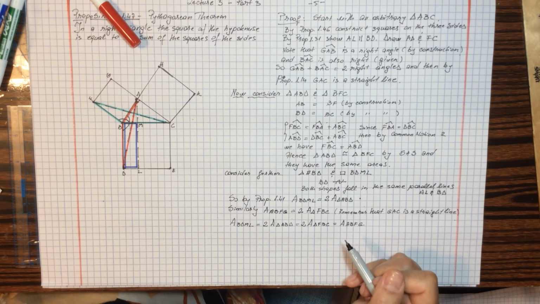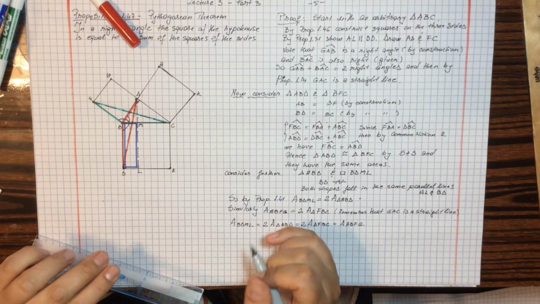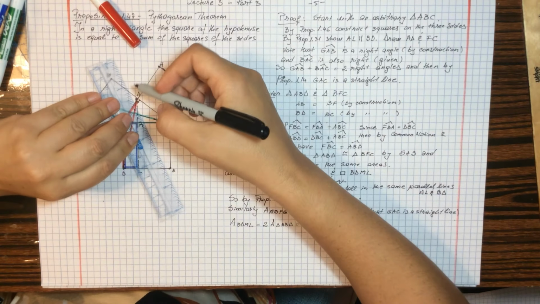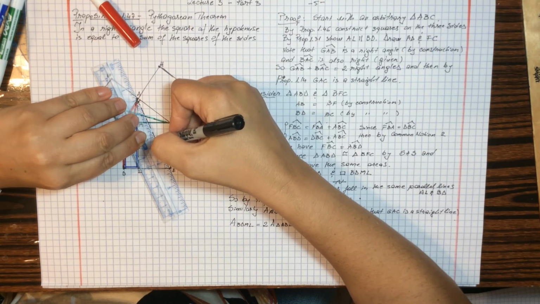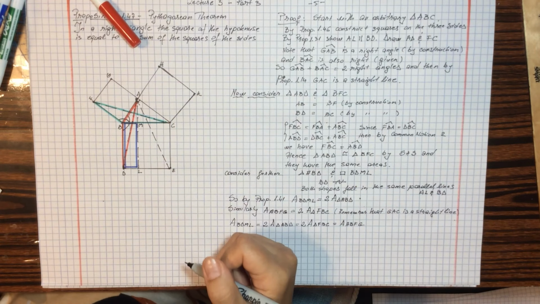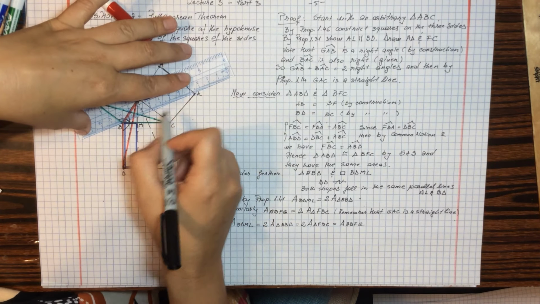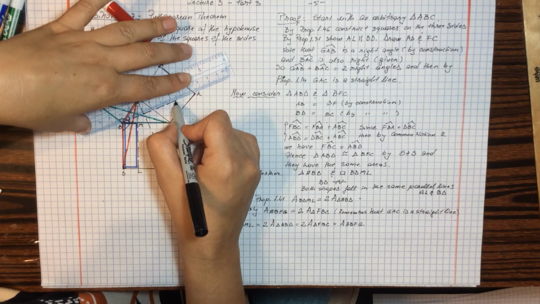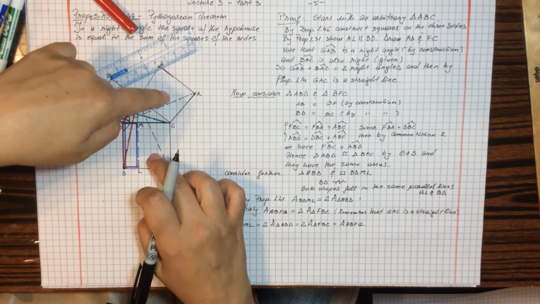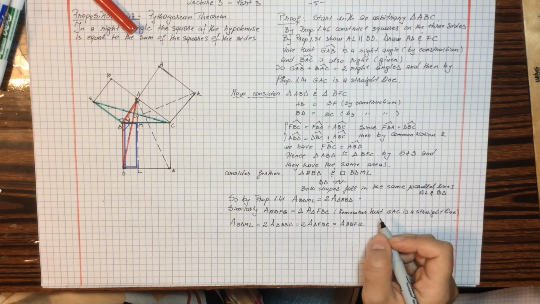Now, by drawing the following lines, if I connect the line AE and BK, and do the very same line of reasoning, but with these two instead of these two, I can similarly prove that the following are equal.